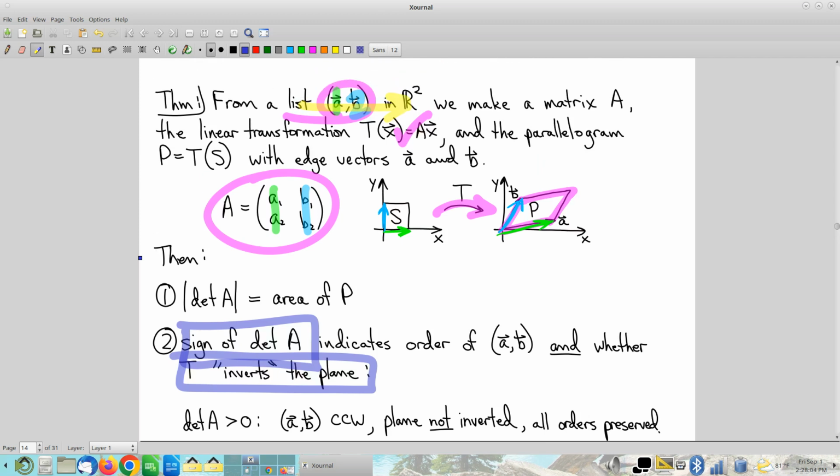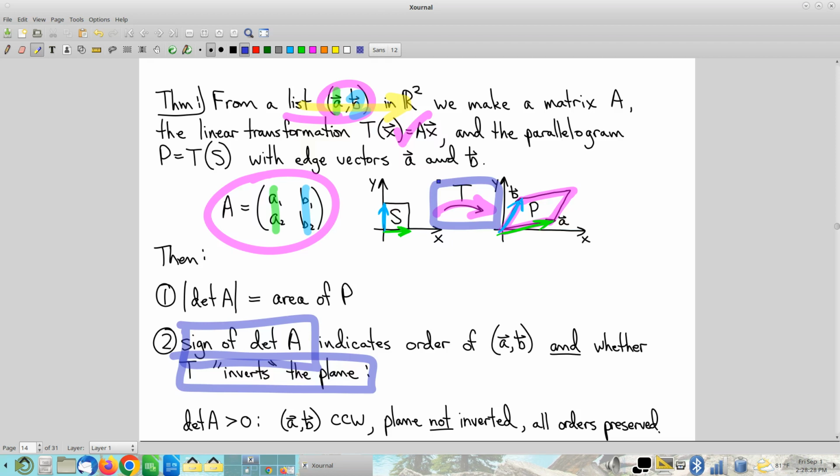So again, you can think then about what this is doing: this is telling you about whether this linear transformation flips things over or not. And for example, let's think about what we have drawn here. Notice E1 and E2 are counterclockwise. That's always the case, right? E1 is always this.